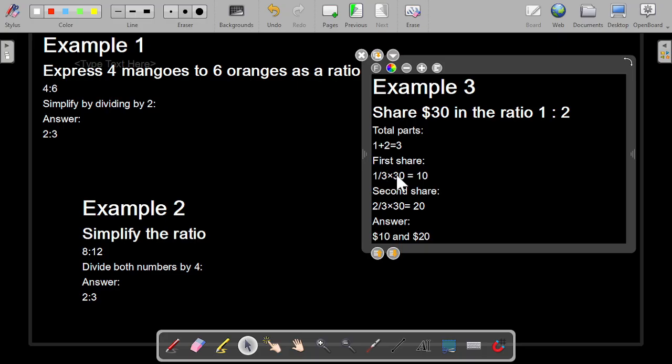Yeah, this is 3. It's not 2, this is 3. So 1 upon 3, because this is the sum of the ratio. Then the first ratio.